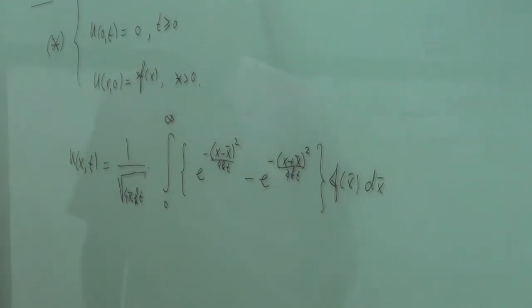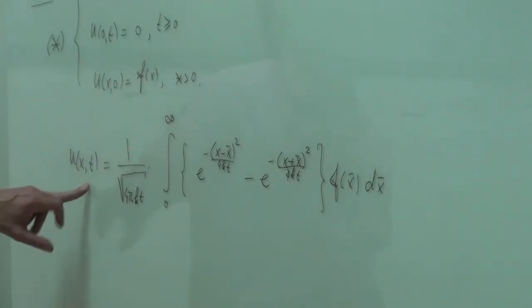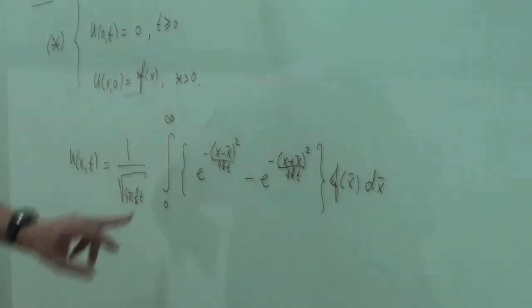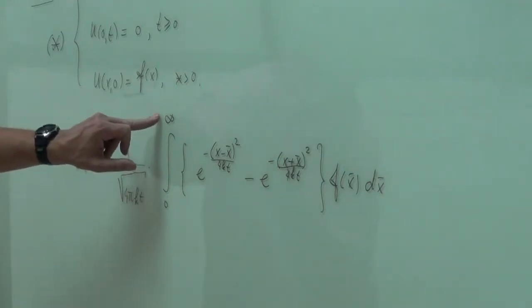So what I see is that my u is given by this formula. It's defined nicely on the interval 0 to infinity.